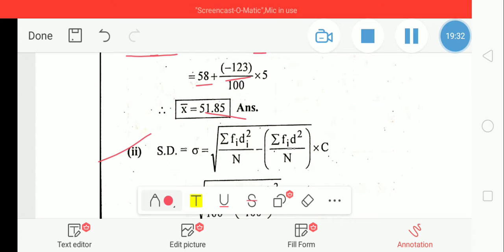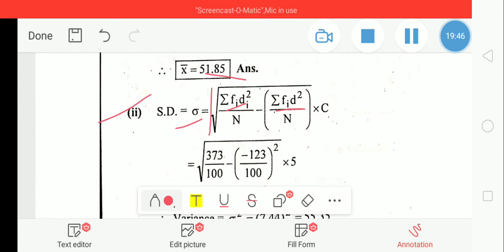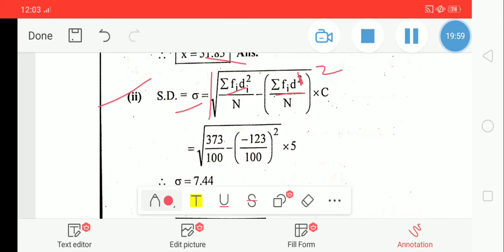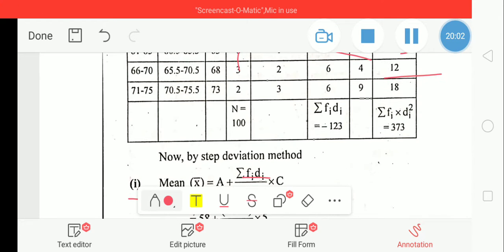Now finding standard deviation, which is equal to the square root of summation of fi di square divided by n minus summation of fi di divided by n, whole square, multiplied by C. Here there is a printing mistake: it is not a square, it is a whole square. So we write the value of summation of fi di square, that is 373.